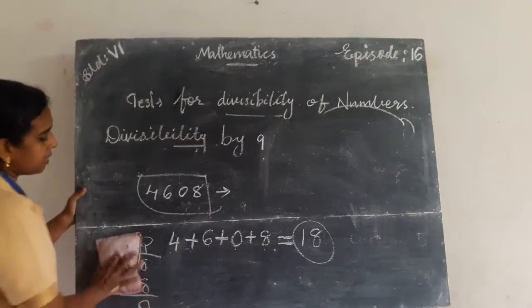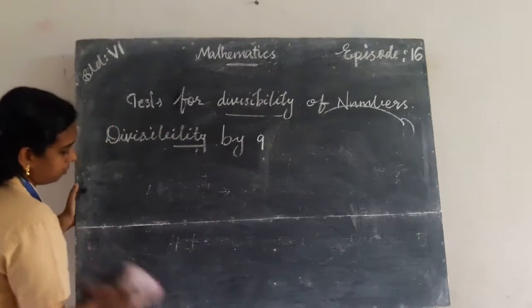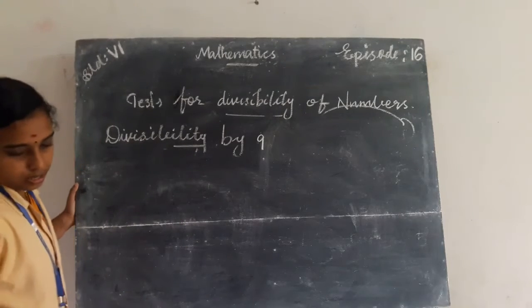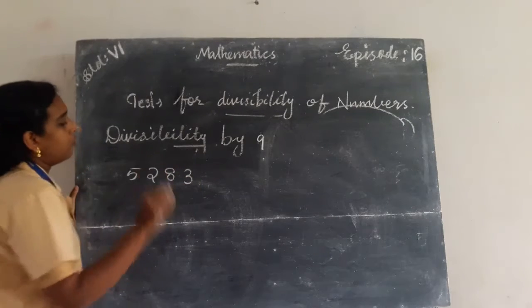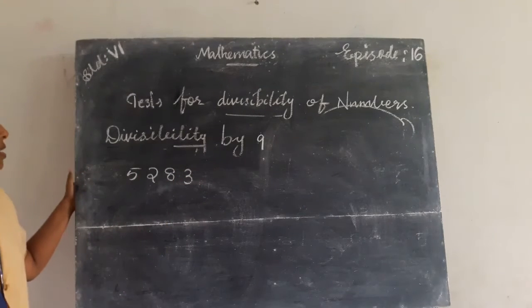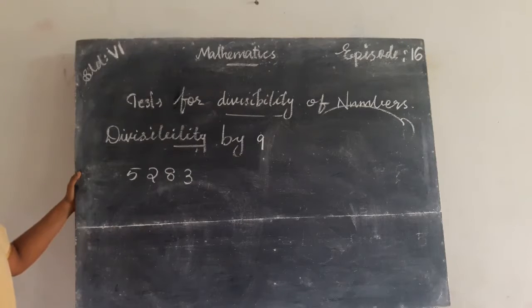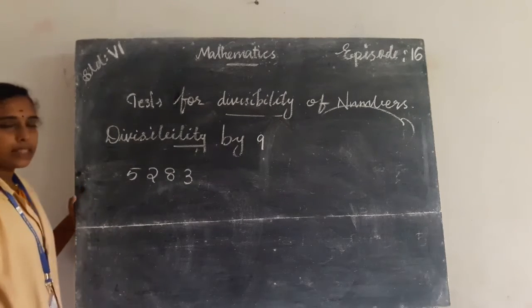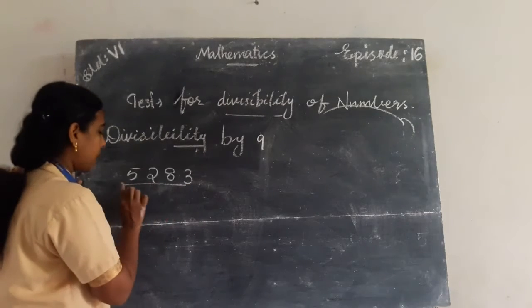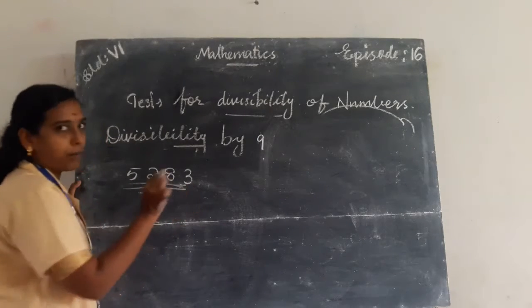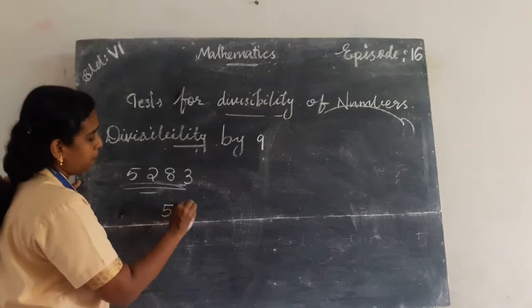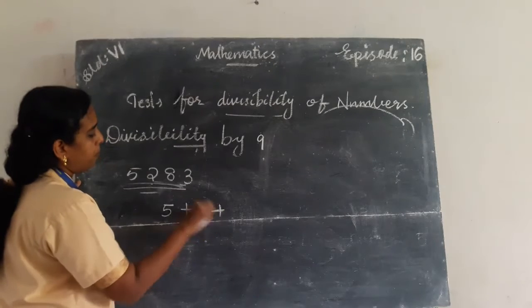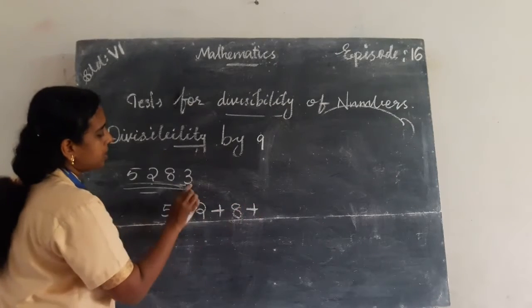Okay. So let us see another example. Next example, 5283. Also we want to check if this number is divisible by 9 or not. For that we take the sum of the digits in this number. The digits are 5 plus 2 plus 8 plus 3.